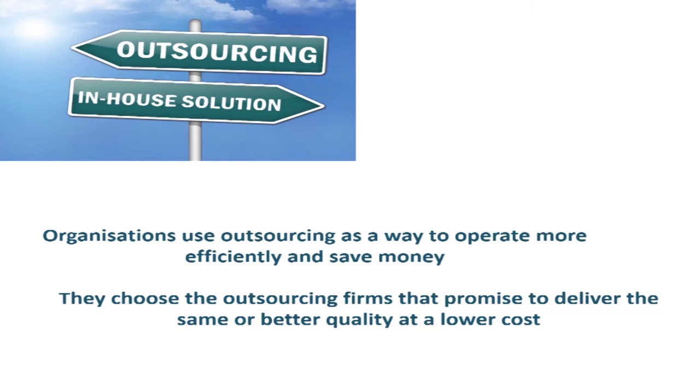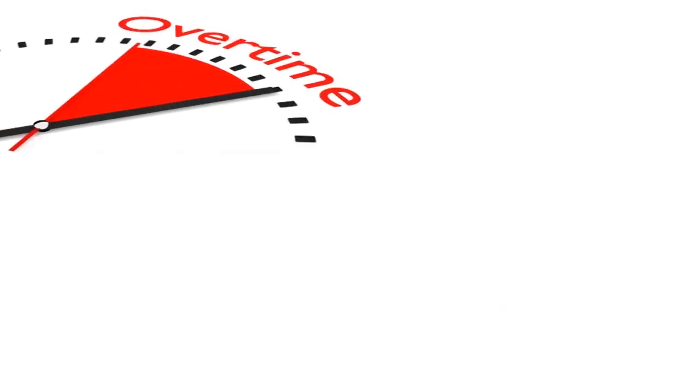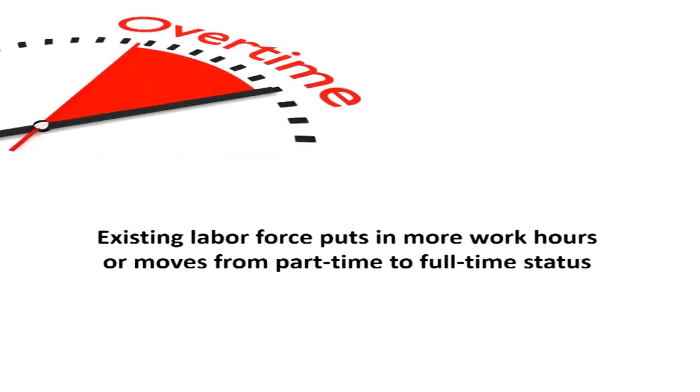When organizations facing a labor shortage are reluctant to hire employees, even temporary workers, or to commit to an outsourcing arrangement, then they may try to garner more hours from the existing labor force, asking them to go from part-time to full-time status or to work overtime. Well, this option is most suited for short-term labor shortages.